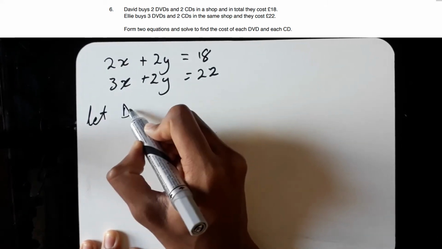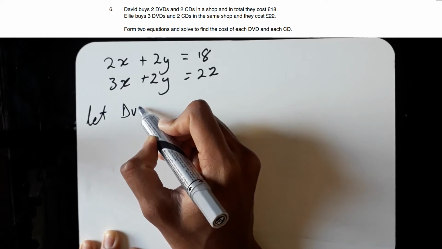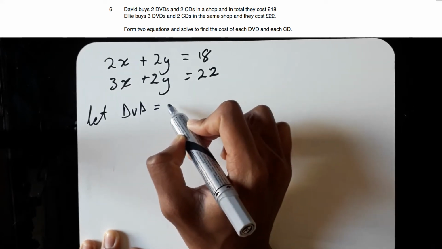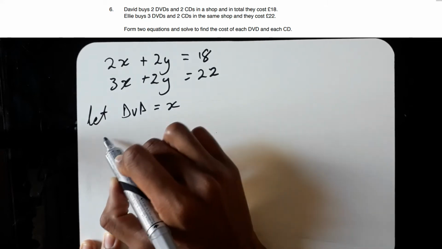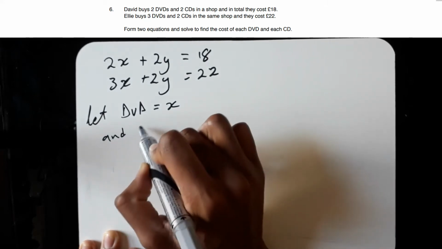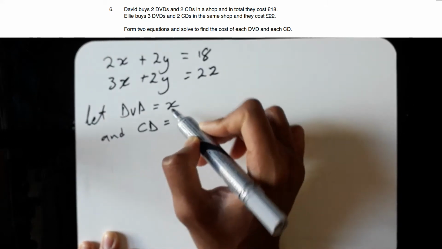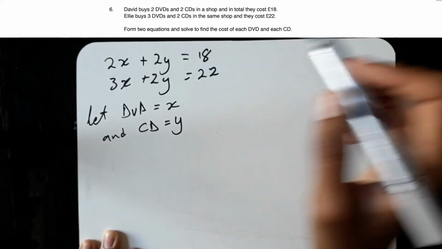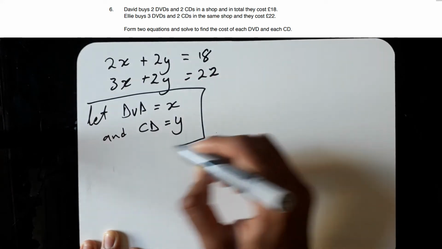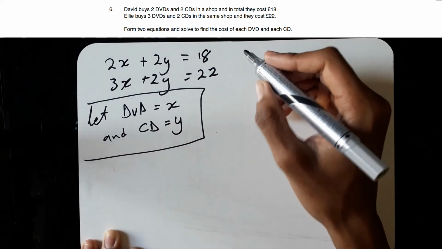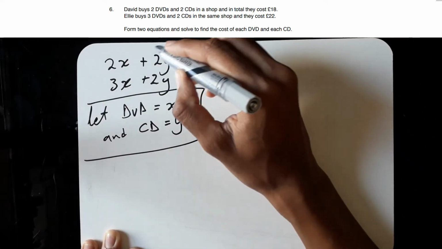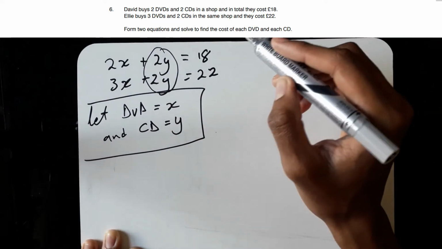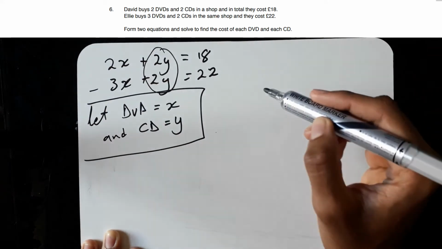Let d equal x and cd equal y. Okay. Now that we got that out of the way, we could eliminate the 2y since they're the same. So what we're going to do is subtract.